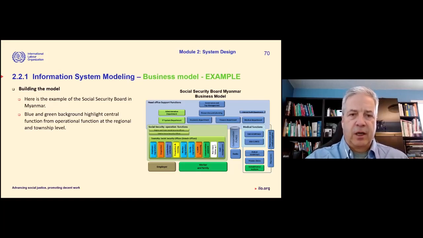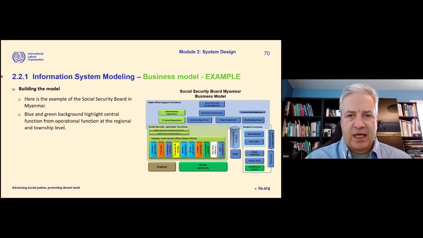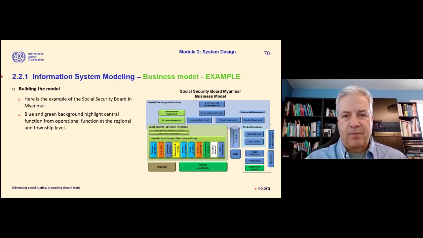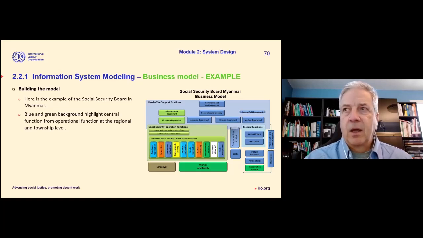You see in color essentially the processes that are supported, like employer registration, employee inspections, preventions, registrations, compensation payment management, etc. We have a compensation fund that is managed by the Social Security Board, but it's managed partly by banks. So we see banks in the picture, and you have all the medical functions.